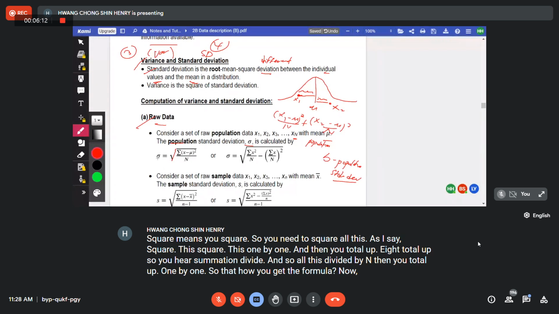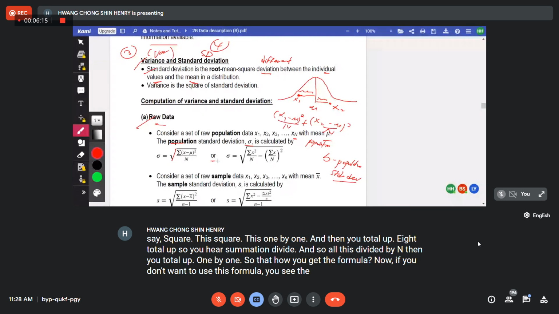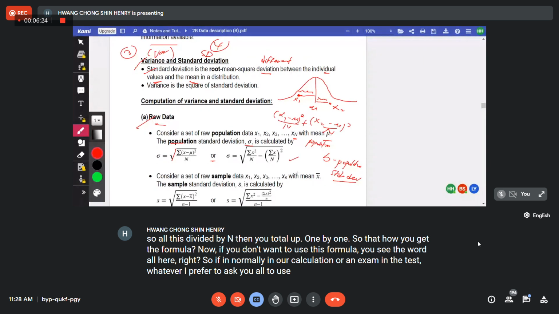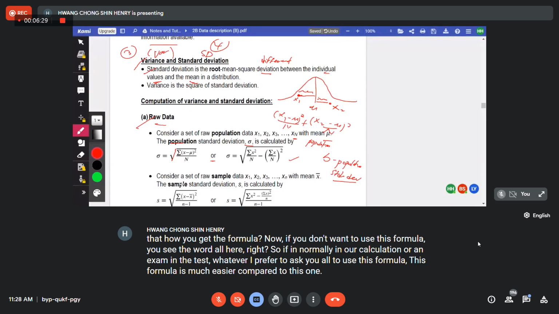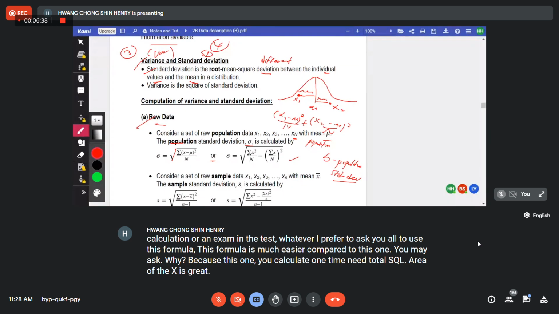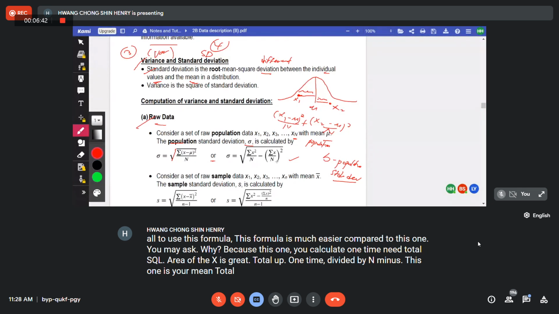Now, if you don't want to use this formula, you see the word all here. In our calculation, in exams or tests, I prefer that you use this formula. This formula is much easier compared to the other one. Why? Because here you square every x and total up one time, divided by n, minus the mean squared. Everyone, do you still remember this is your sample mean?